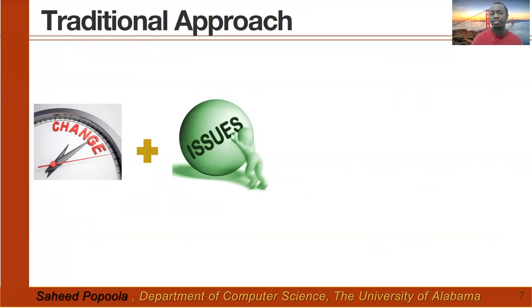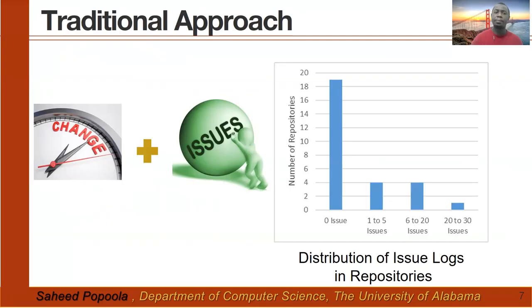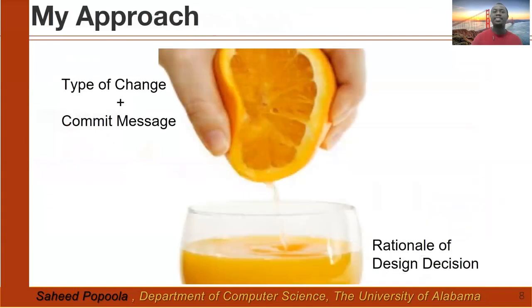But when I went through the issues in GitHub for Simulink repositories, I found that more than 60% of them do not have any issue logs at all. That means the traditional approach is not feasible and cannot be used in this regard. So I devised a new means to extract the design decisions that necessitate the evolution of software using the type of change and the commit message.